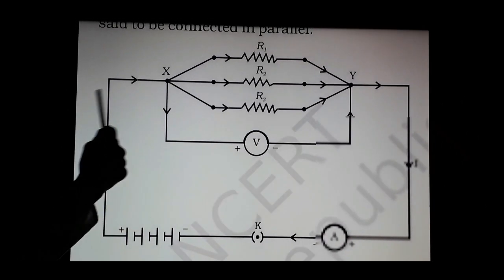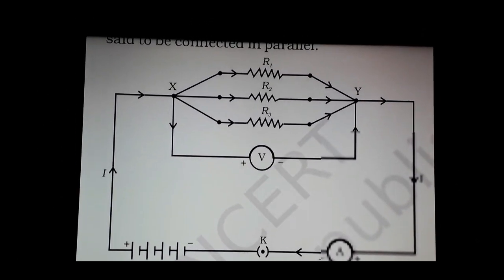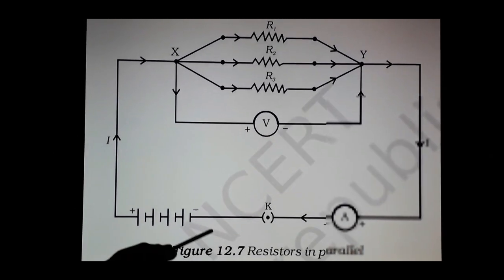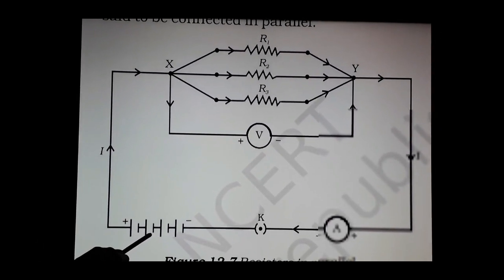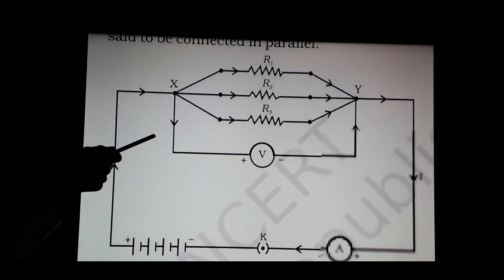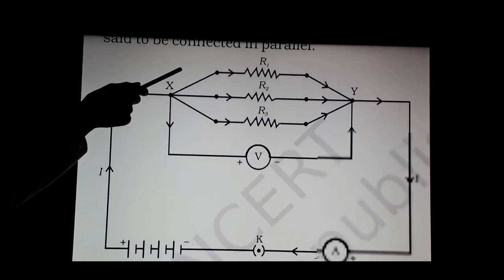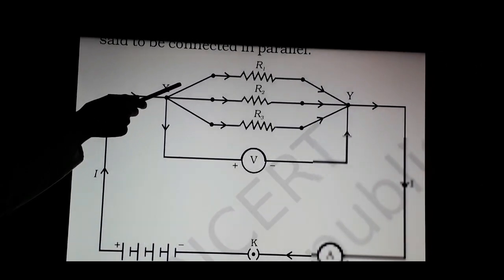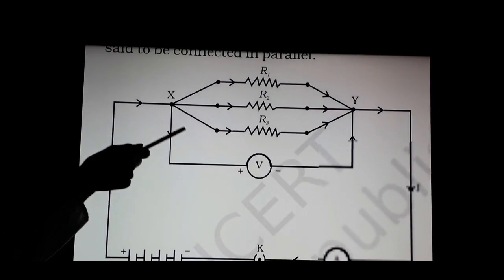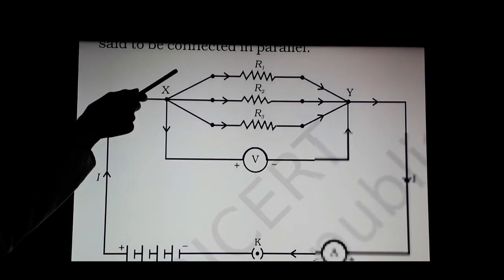Now, the next diagram you are seeing is the combination of resistors in parallel, which means we have used the simple circuit diagram here, but we have used the combination of resistors in parallel, which means the resistor with resistance R1 is parallel to R2 and R2 is parallel to R3 and R3 is parallel to R1.